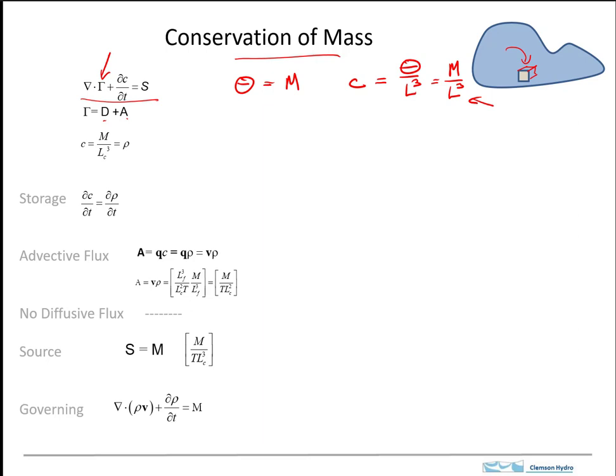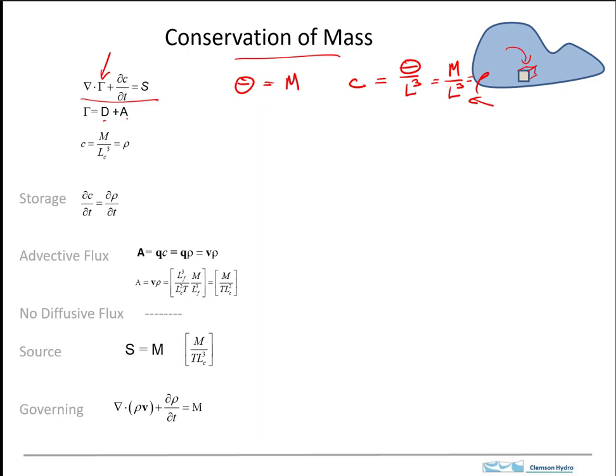Okay, so that's in units of total volume, and this is going to be a continuous fluid, so the mass per unit volume will be the density of the fluid.